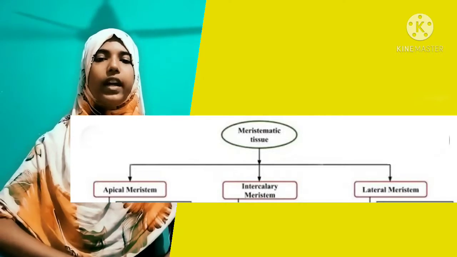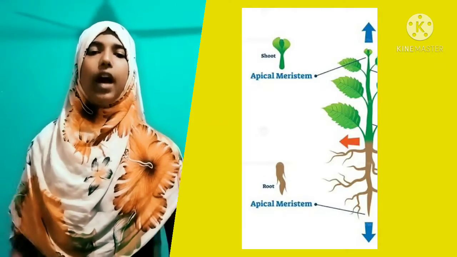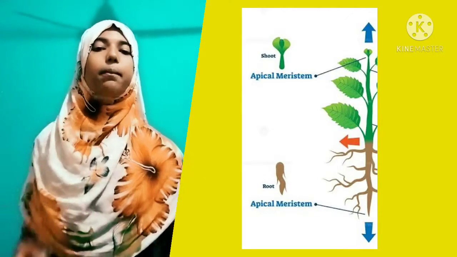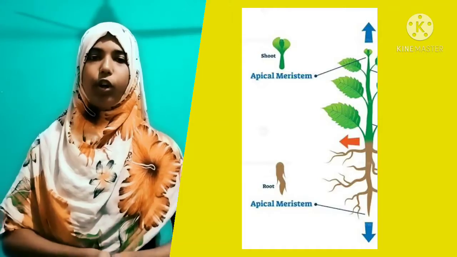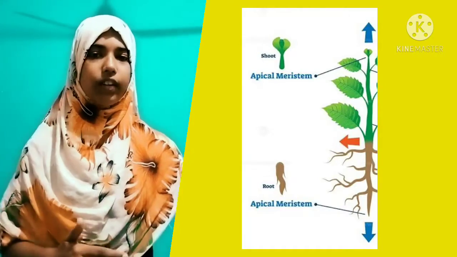So let's know what apical meristem tissue is. Apical meristem tissue is present in the tip of the stem as well as in the tip of the root. As you all know, the tip of the stem is continuously growing, right?